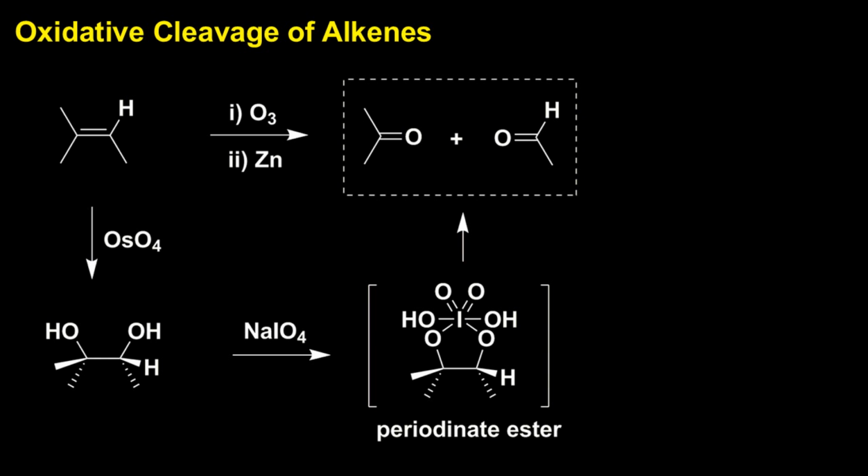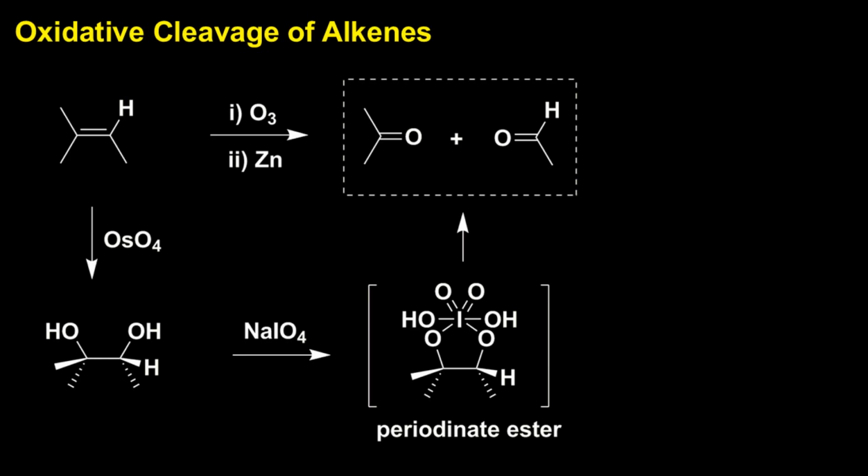Mechanistically, the periodate forms a cyclic intermediate called a periodinate ester, and that breaks apart to give us the exact same pair of carbonyl compounds. So whether you go through ozonolysis or diol cleavage, you can end up with the same products. It just depends on which route works better for your conditions.